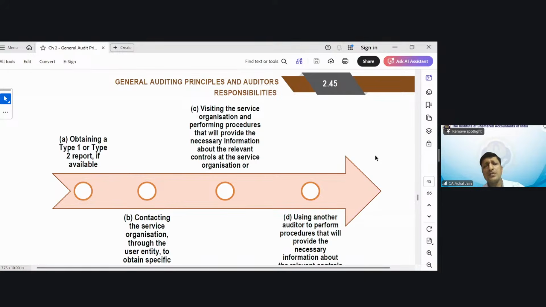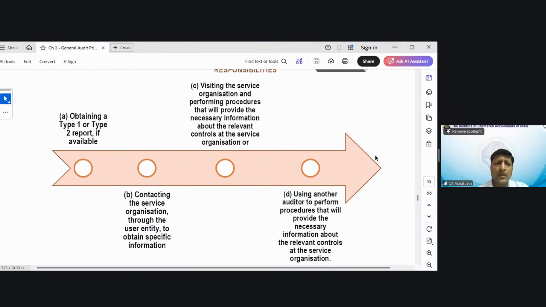Now let's suppose once the type 1, type 2 report, whatever is required, is taken by the user auditor. Now, what is going to be the next step? Contacting the service organization through the user entity to obtain specific information if the user auditor believes there is something which is required as a top up to what is already obtained.